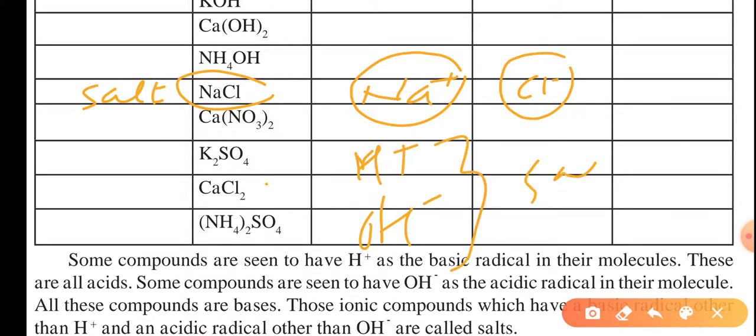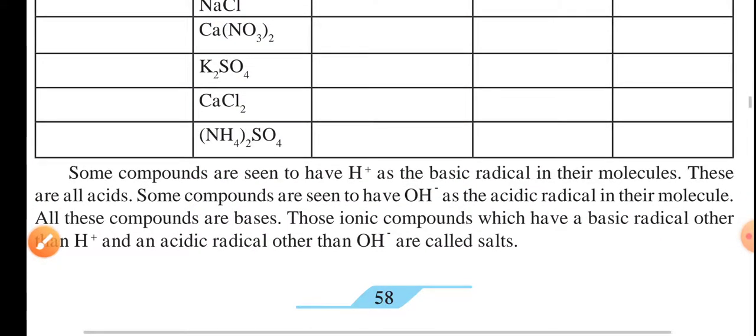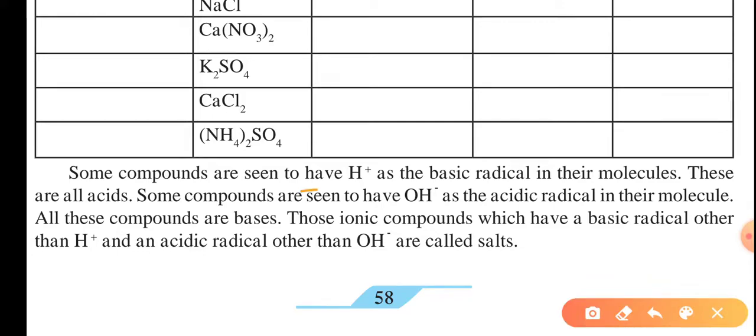So this is also a salt, this is also a salt, and this is also a salt. You have to write the names of all these, or we will discuss in our Q&A session, inshallah.